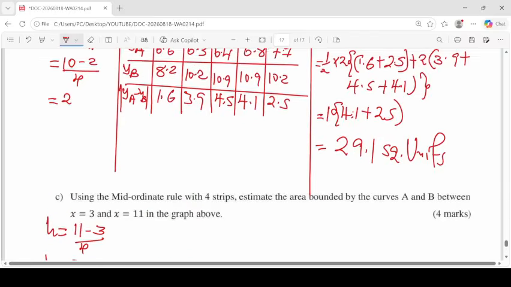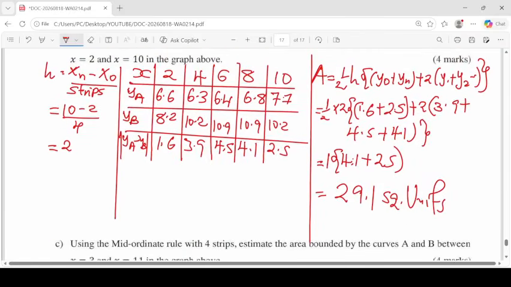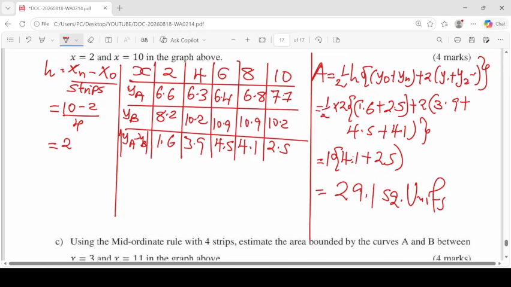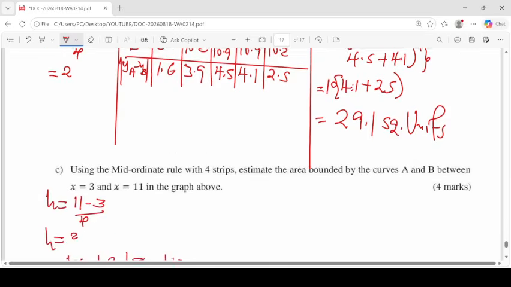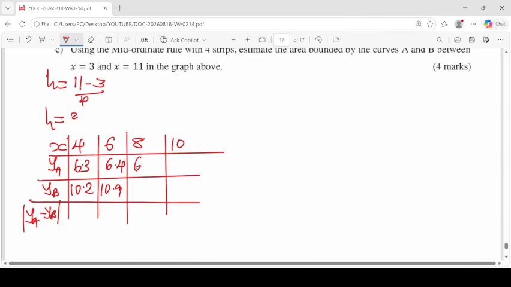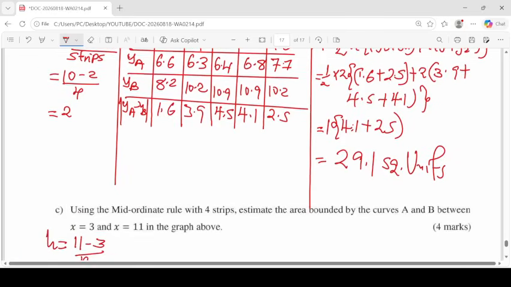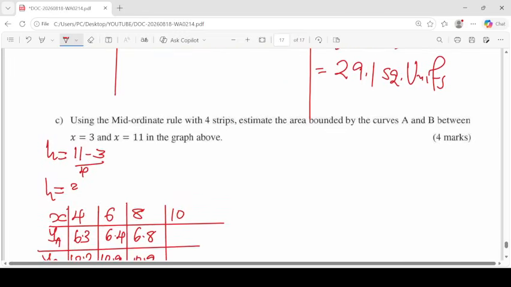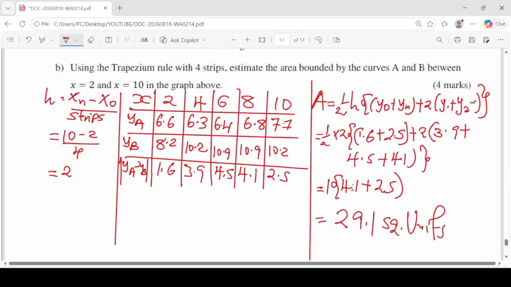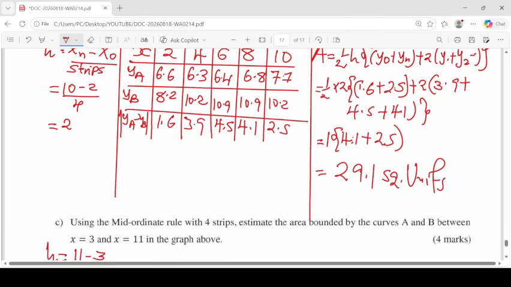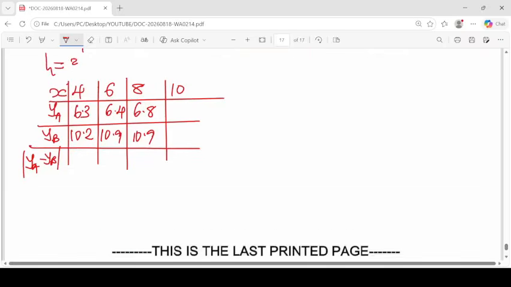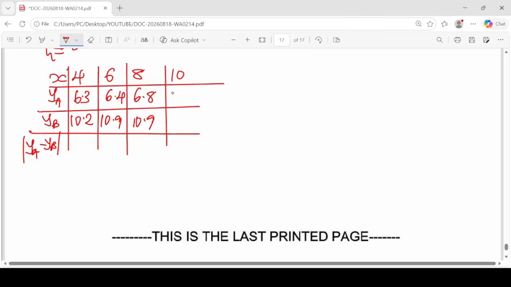Then when x is 8, 6.8, 10.9. When x is 10, that is 7.7, 10.2. Let's get the absolute differences.